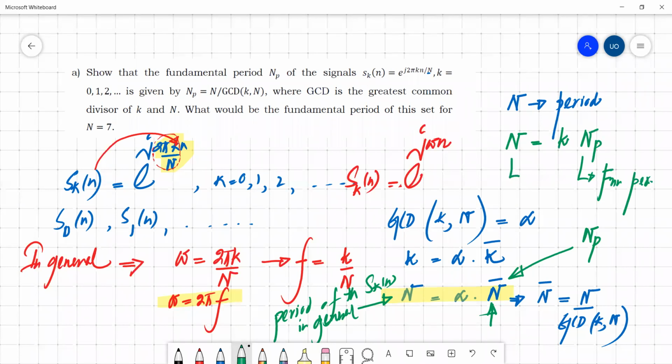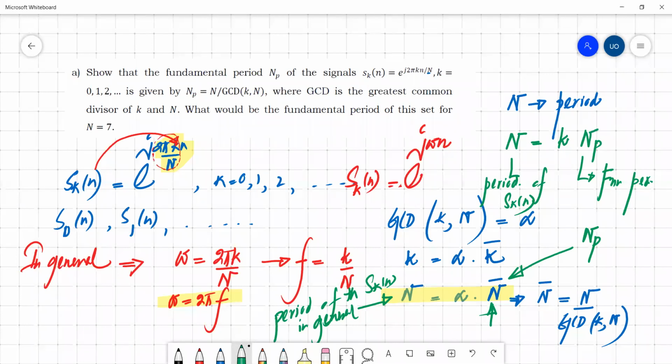So N is the period of the signal, the period of S_k[n]. So from this GCD, we found that the period of this signal S_k[n] can be represented as a constant times the fundamental period.